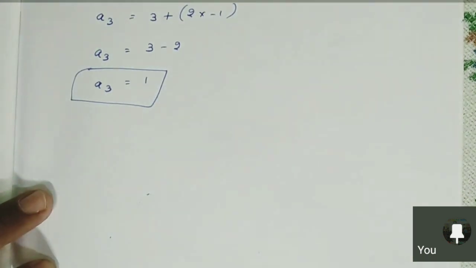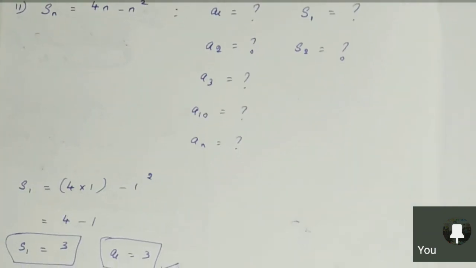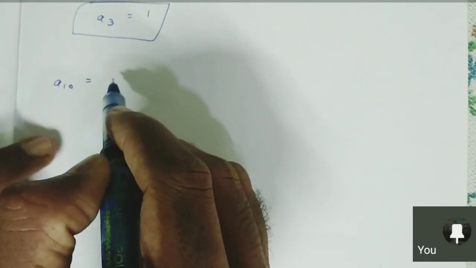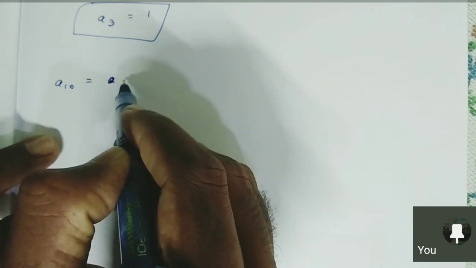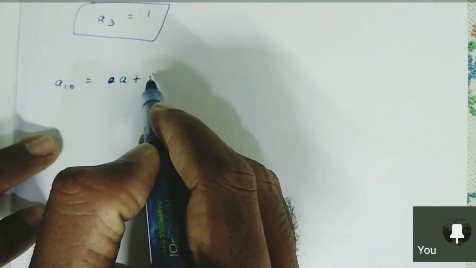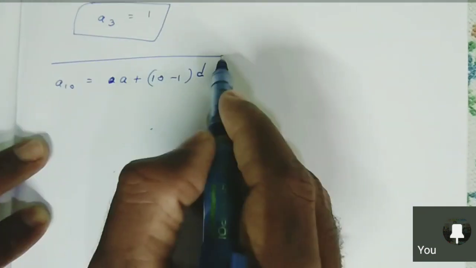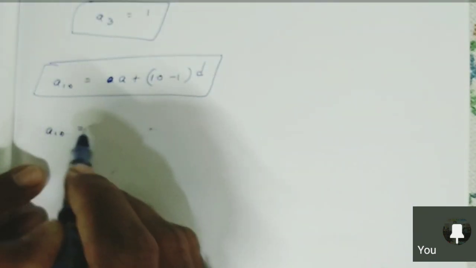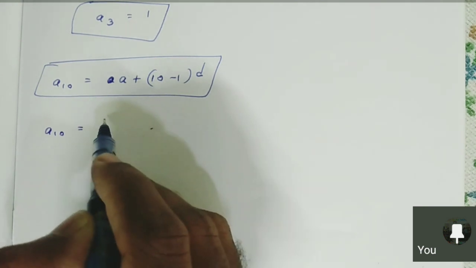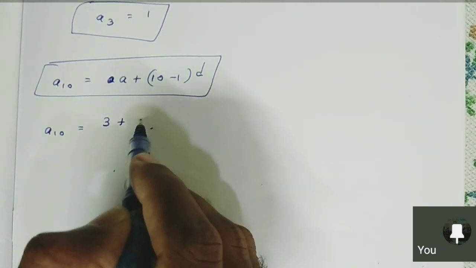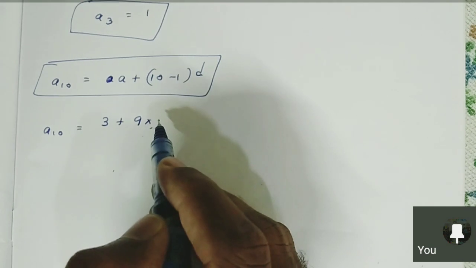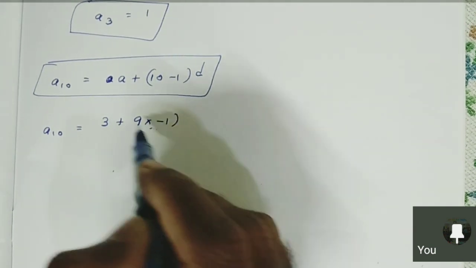Okay. Next, what are we supposed to find? A3 we found. Next, A10. A10 also uses the same nth term formula. A10 is equal to A plus n minus 1 into D, that is 10 minus 1 into D. A10 is equal to the A value here, 3, plus 10 minus 1, that is 9, into the D value, minus 1.